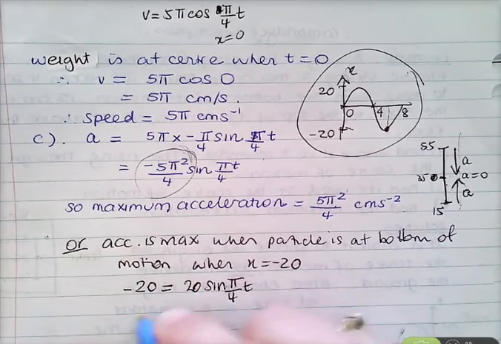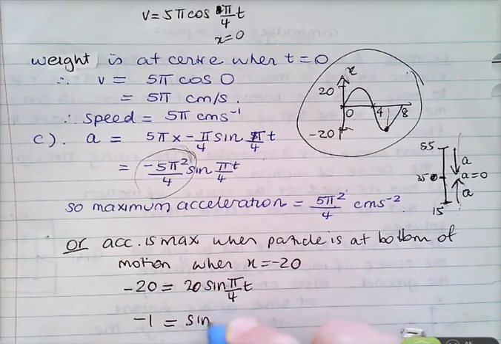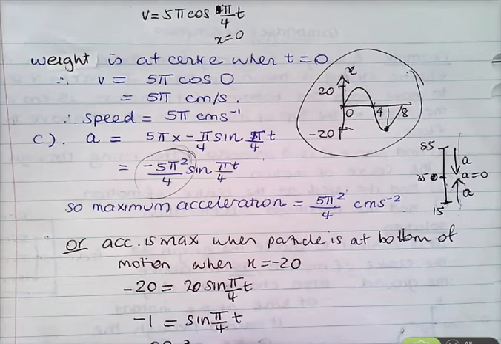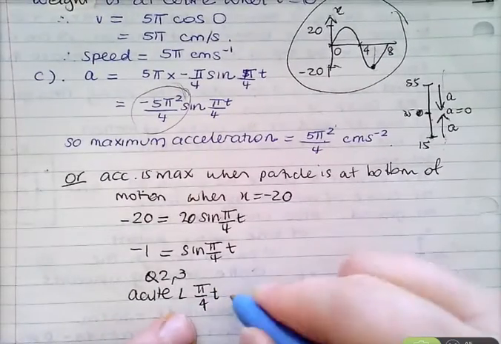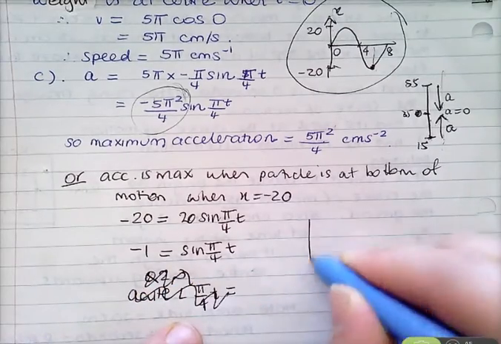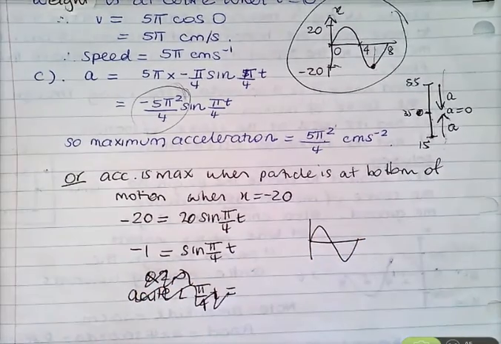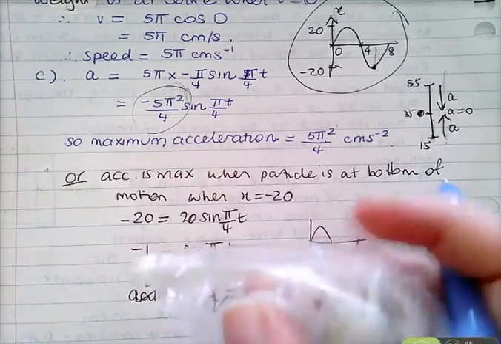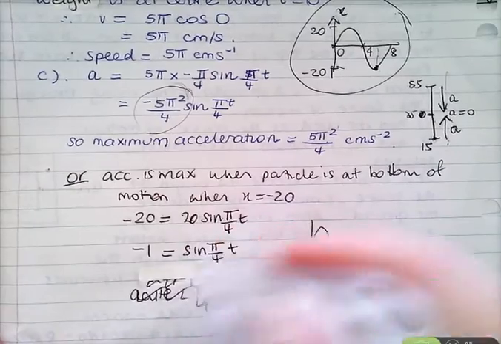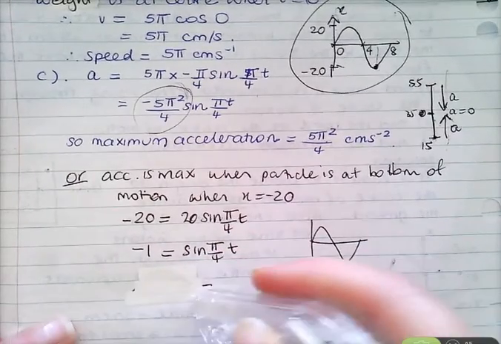So negative 20 is equal to 20 sine pi on 4t. Dividing by 20, we get negative 1 equals sine pi on 4t. You could look at quadrants there, but actually, we don't do acute angles with that. We just draw the sine curve, which is easier, because whenever sine of something is 0, 1, or negative 1, you just draw the graph.